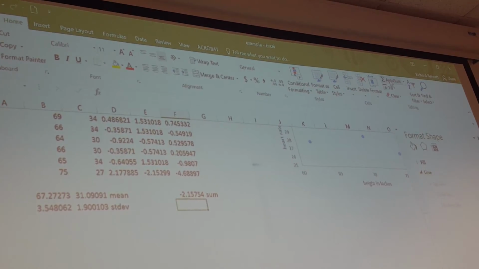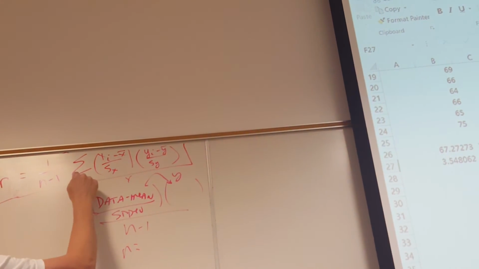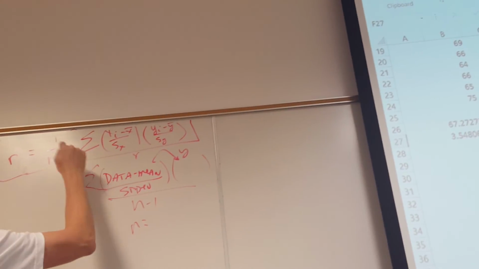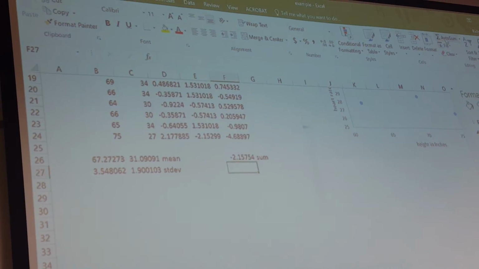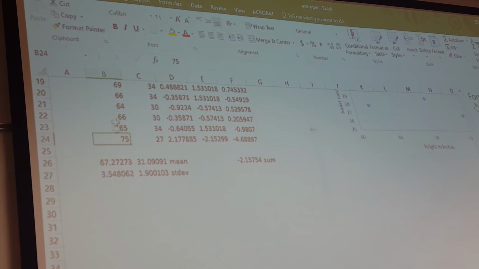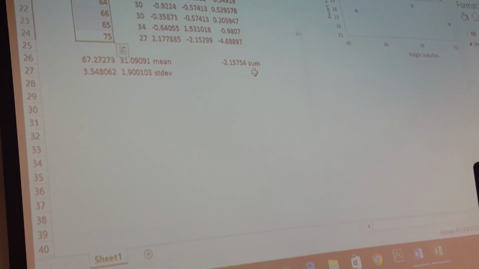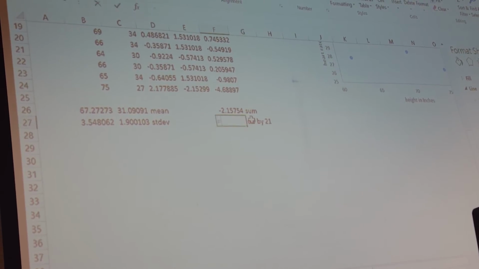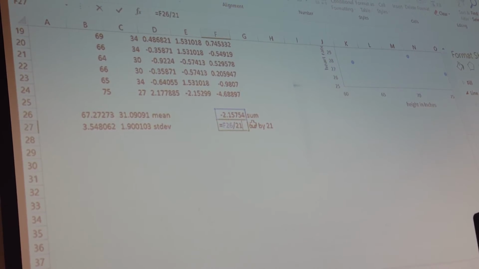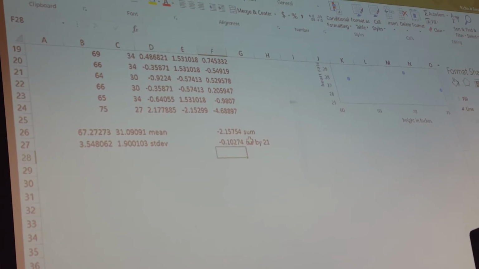Multiply. As your order of operations, you multiply these two together, then you add, then you divide by n minus 1. What's n in this case? It's 22, so we're going to divide by 21. This divided by 21 gives us a value of negative 0.10.